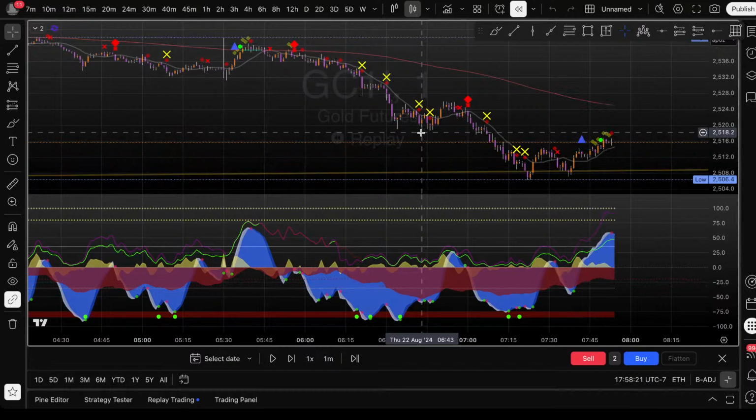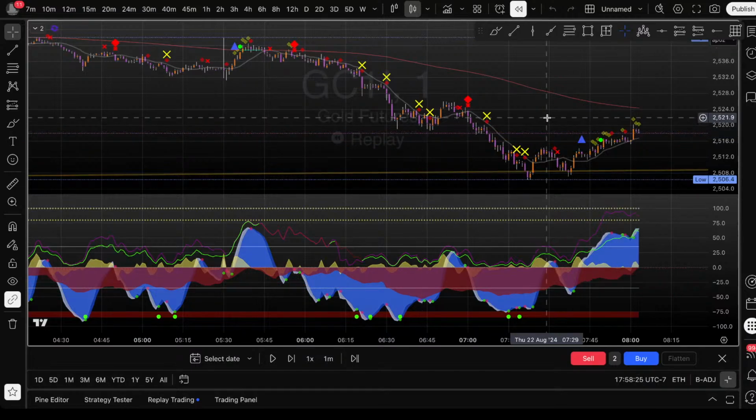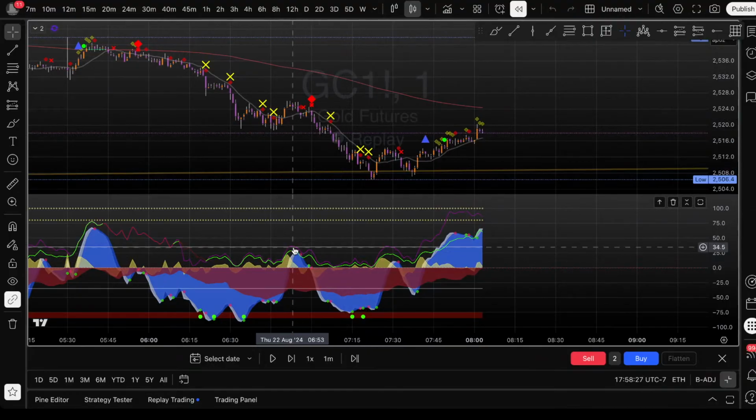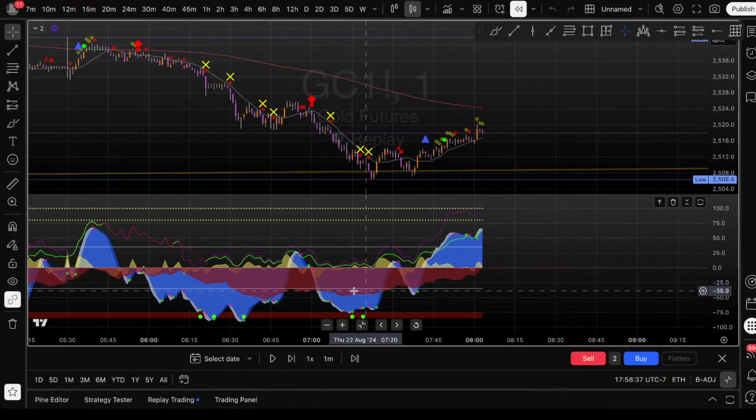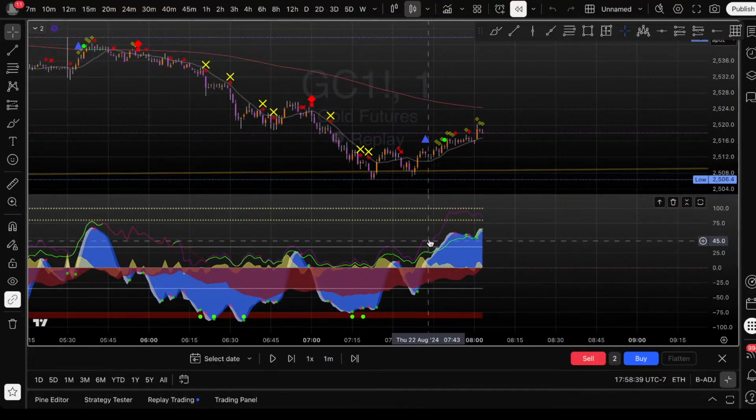So we were watching the 3 minute, 5 minute, but the whole time this is what was going on on the 1 minute. Nice little trigger waves to let you know, stay in the trade, you're good. Of course, money flows increasing here, split RSIs.